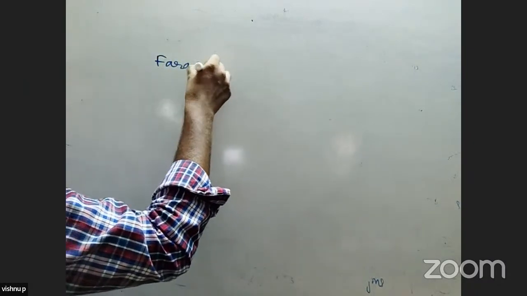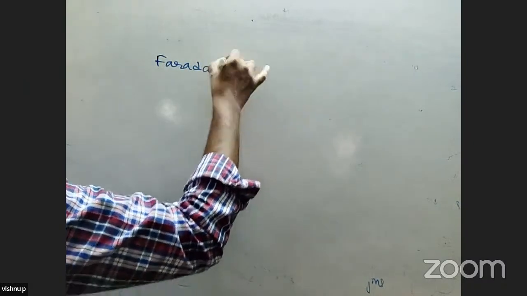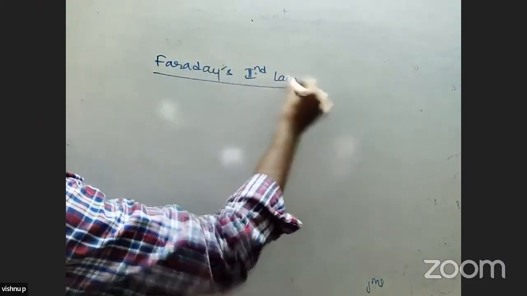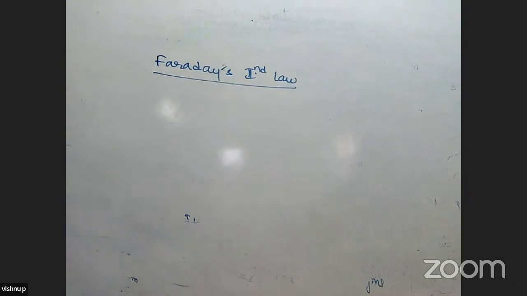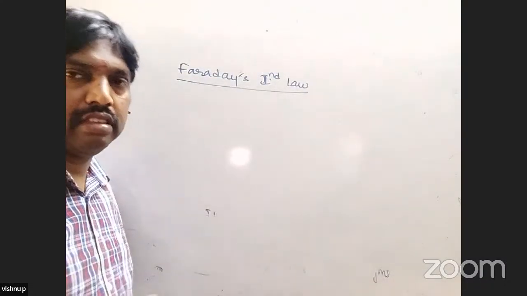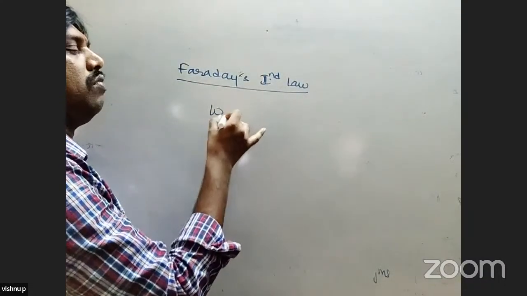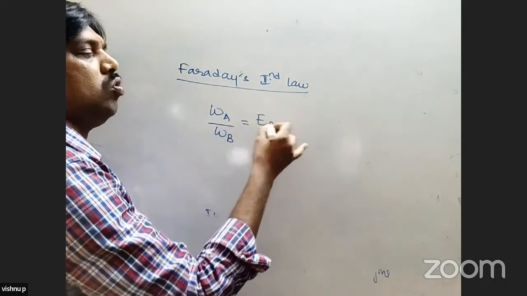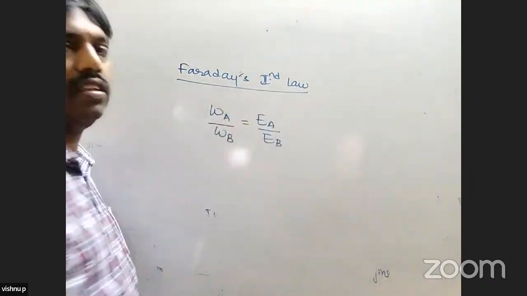Next is Faraday's second law. According to Faraday's second law, when the same electricity is passed through different electrolytic cells, the weight of a substance deposited is directly proportional to the equivalent weight of that substance.